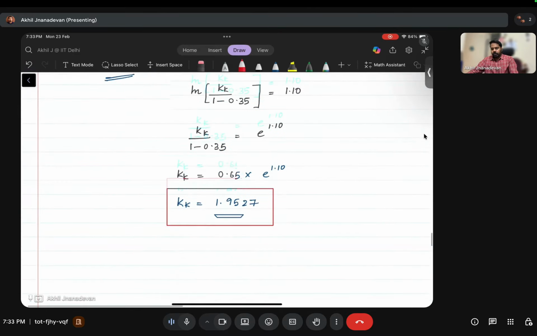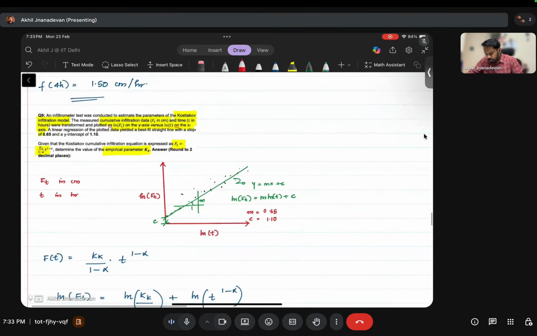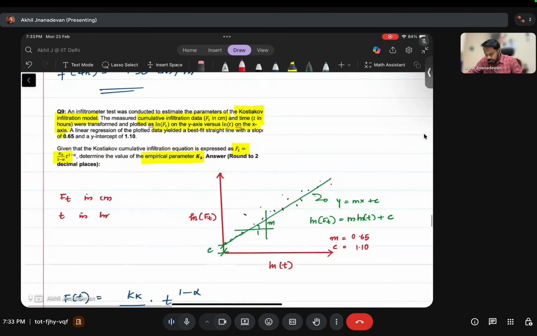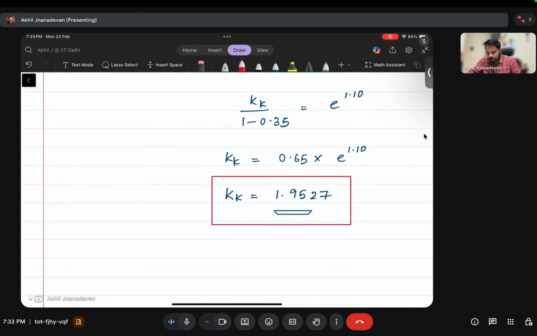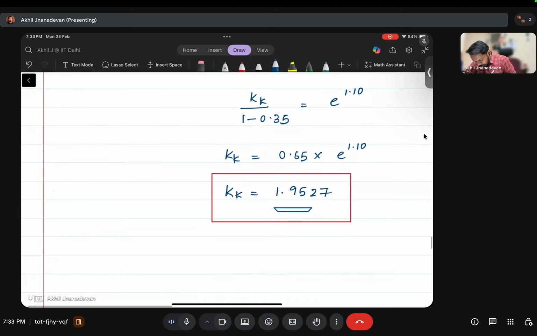The parameter of the Kostiakov infiltration method, K, is coming out to be 1.9527, and we were asked to report the answer to two decimal places. So the final answer K will be equal to 1.95.